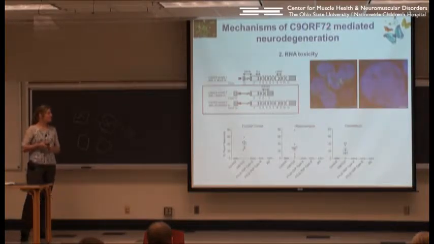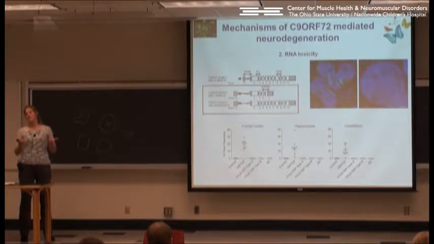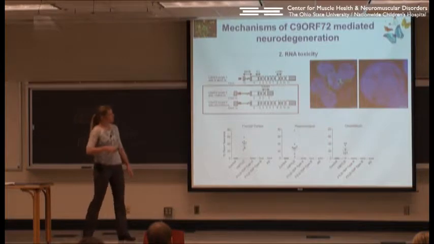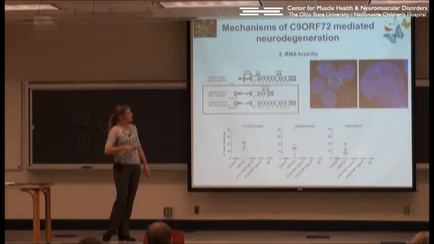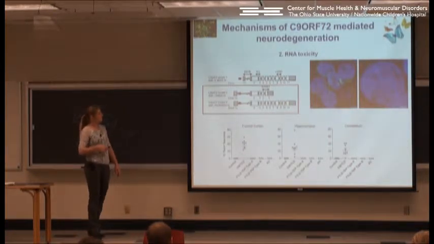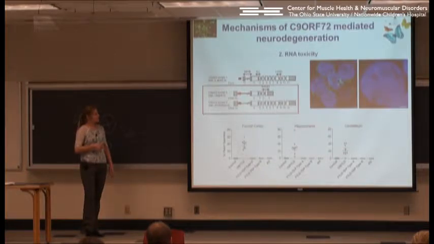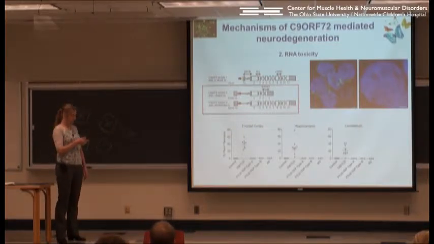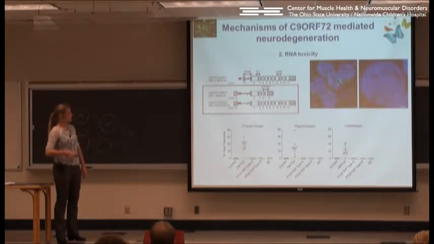And the second theory is the RNA toxicity. And as I told you, these RNA foci are mainly nuclear, but not only, I will show you some pictures after. They can be made by two of the three variants where the RNA is actually intronic. And this has been shown to correlate pretty well with neurodegeneration of FTD patients.